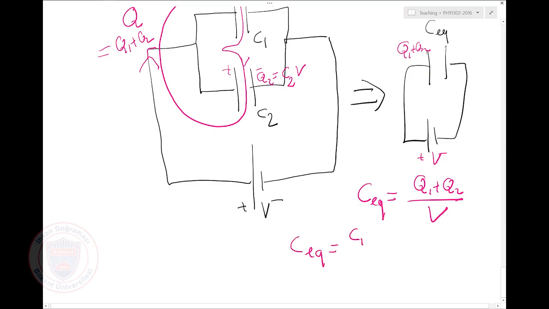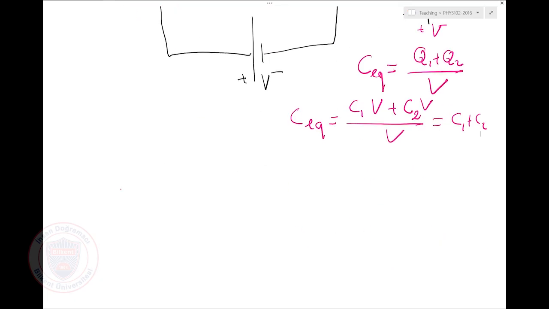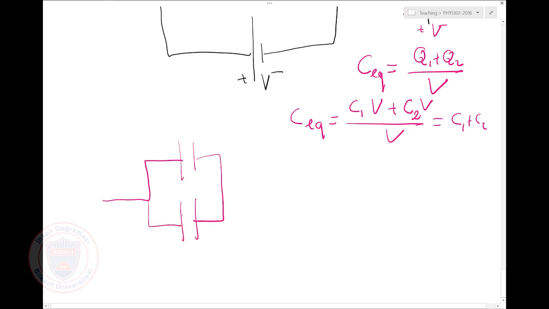Q1 was C1 times V. Q2 was C2 times V. Divided by V is C1 plus C2. So here is our equivalent rule for capacitors. If I have C1 and C2, this is equivalent to a single capacitor of C1 plus C2. All right?